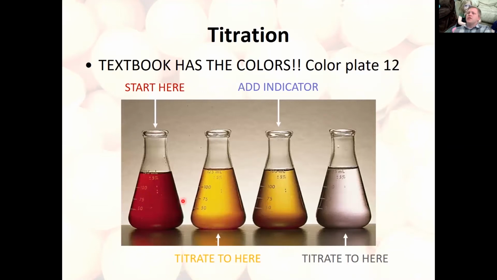So when you start the titration, it'll actually be a reddish color like this, and you'll also see these colors a little better in the lab video, but we start with a reddish color, and we actually will start titrating before we add the indicator down to a yellow color. The reason we do this is because if we add the starch indicator too early, then the starch indicator can complex or form more extensive complexes that actually won't titrate away, and we'll be stuck with some color no matter how long we titrate.